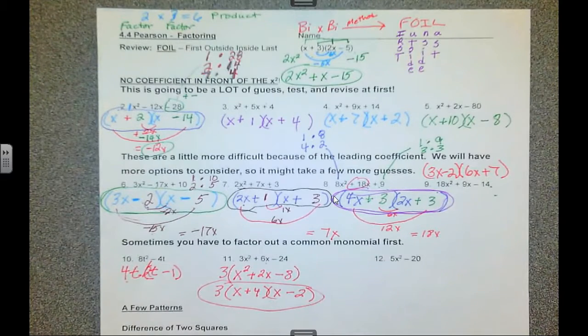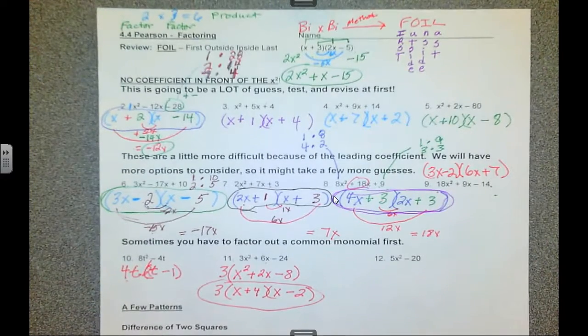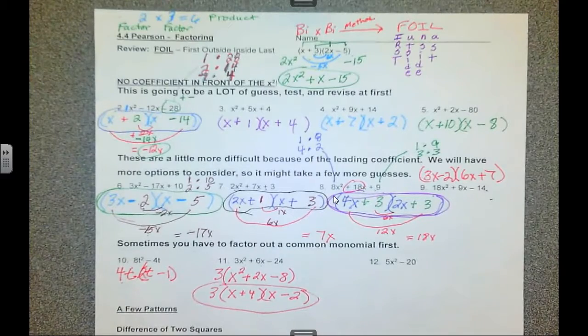But at this point in your maturity, in the high-level mathematics that you're in right now, you should be able to do this in your brains. It's all based on the FOIL method. You're just doing FOIL backwards.